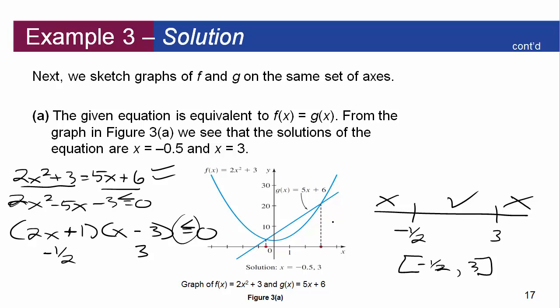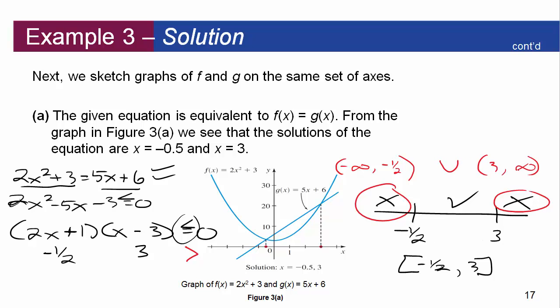And then the third example, instead of a less than or equal to, it was a greater than. So if we change this and make it a greater than, well, we just figured out the 2 spots where it wasn't less than or equal to. So those are the 2 spots where it's greater than. And because it's strictly greater than, not greater than or equal to, it would be -infinity up to -1/2 with a round bracket, and then union 3 to infinity.